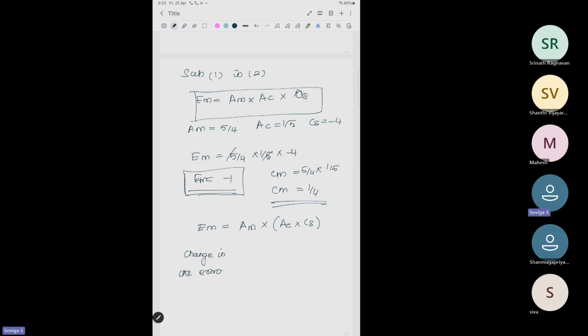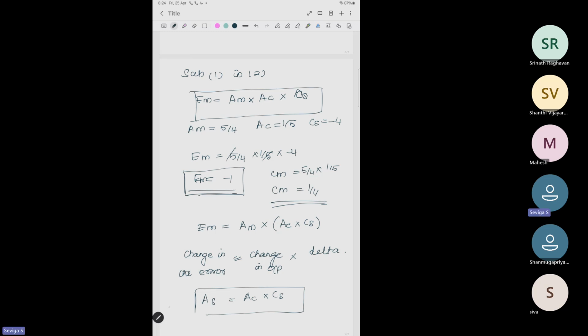The change in the error is equal to the change in the outcome into delta value. So EM is the change in the error. The change in the output is AM. So the whole thing which is left out is delta. So A delta is equal to AC into C delta.